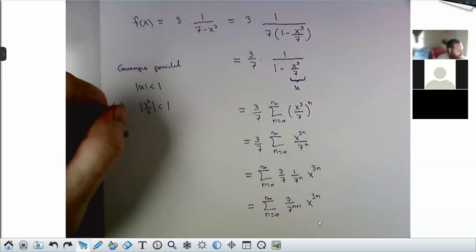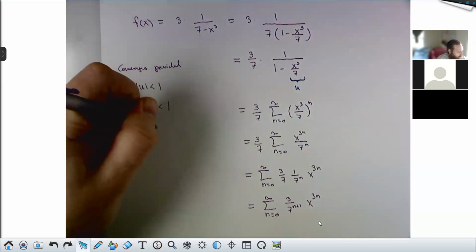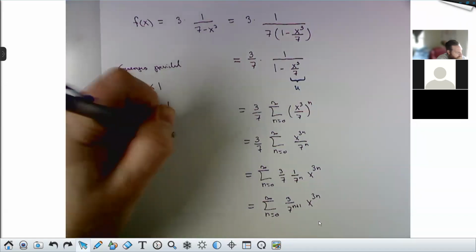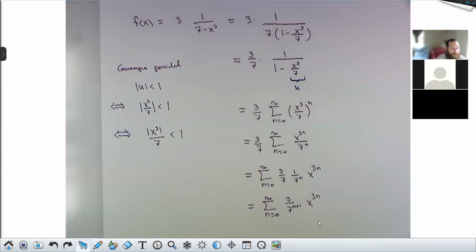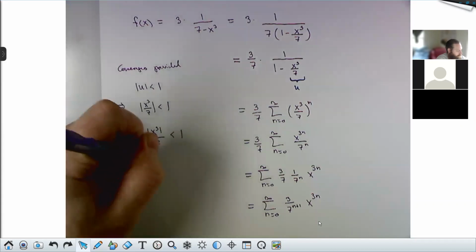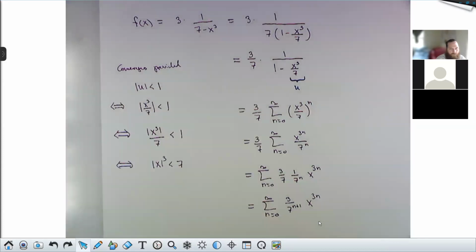I can give the absolute values to the top and bottom separately. The absolute value of 7 is 7. I can multiply both sides by 7. And I can pop the power out of the absolute values.